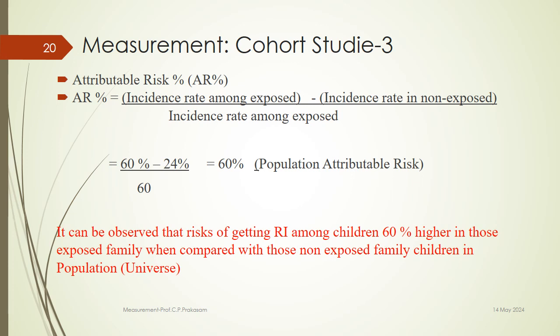That is called population attributable risk. It can be concluded that the risk of getting respiratory infection among children is 60% higher in those exposed families of smokers when compared to non-exposed family children in the population, that is in the universe. That will give the general picture, and from this we can compare with other population data.